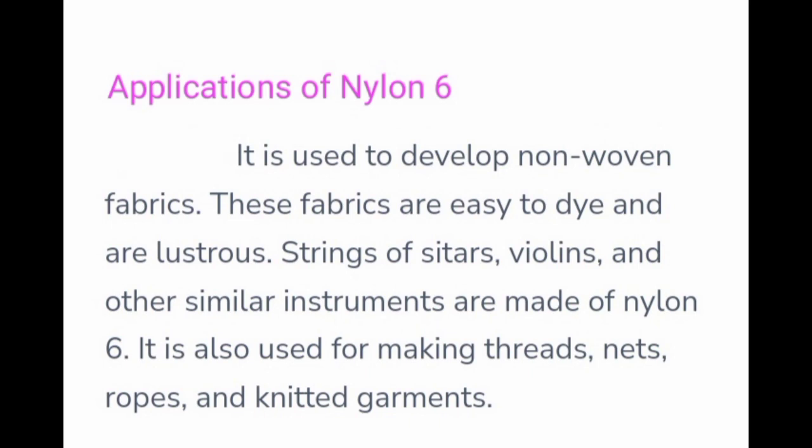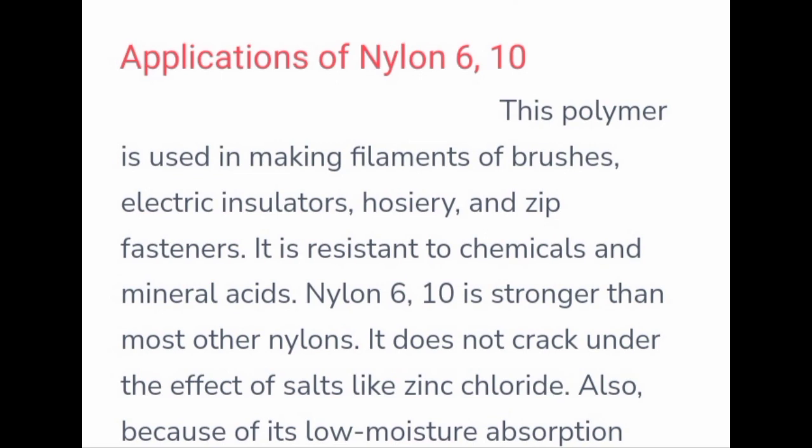That means when the color is applied to this nylon 6 fabric, it easily gets dyed with that color and its surface is lustrous. Strings of sitars, violins and other similar instruments are made of nylon 6. It is also used for making threads, nets, ropes and knitted garments.